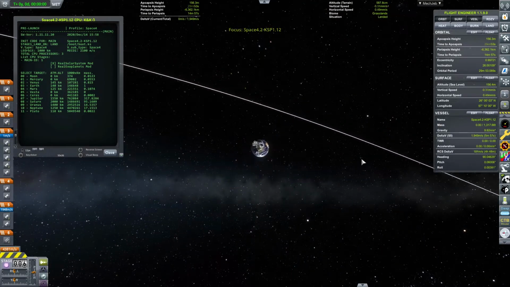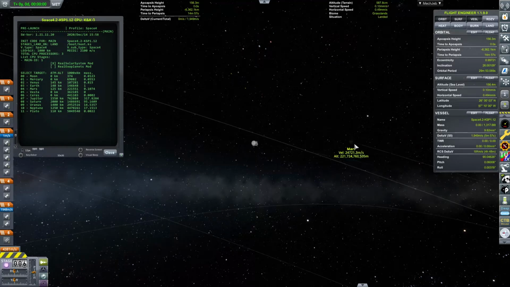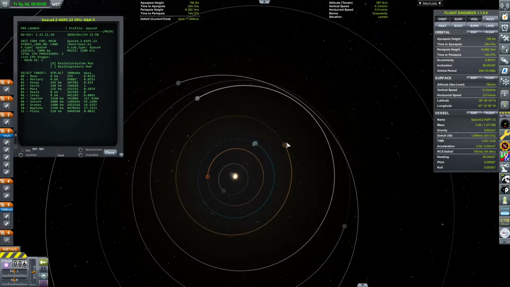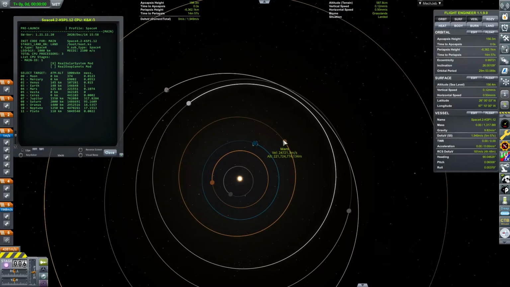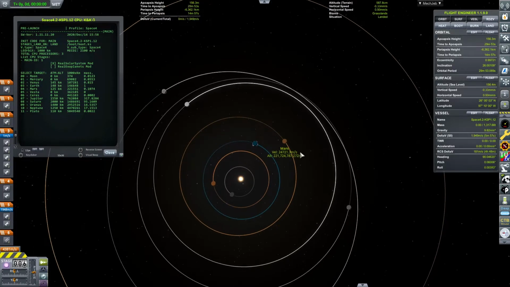So here it's Earth, and here it's Mars. We need to be at a specific angle relative to the sun in order to start our journey.